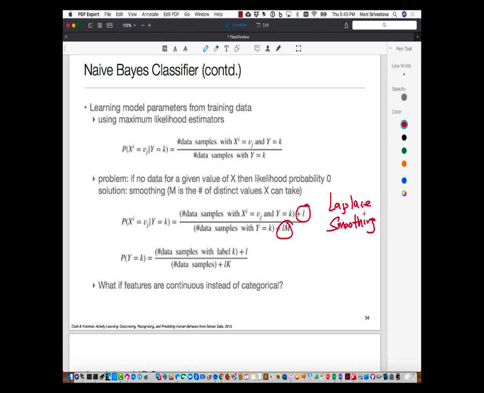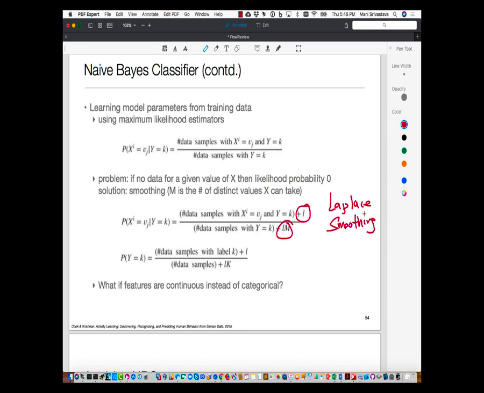Which is, again, intuitively saying that I'm going to assume that everything had an equal probability to begin with, and then the samples I'm seeing are providing me additional evidence towards that. The counterpart here would be, I have a coin, and you're trying to estimate its probability of heads coming up.